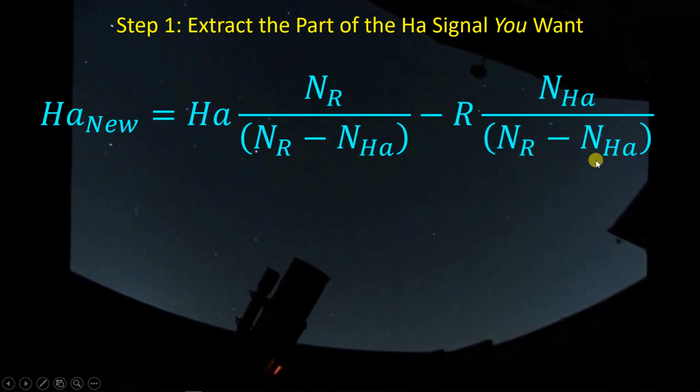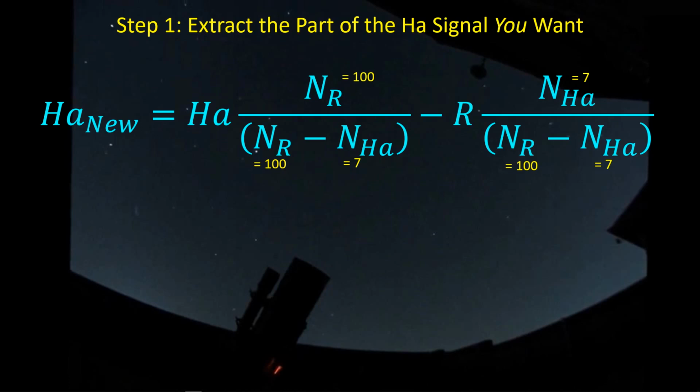Now, if we put in the numbers, that looks like 100 divided by 93, so this is a number that's slightly larger than 1, and over here you get 7 divided by 93, so it's a very small number that we're multiplying times the red filter. Now, here's the thing. This formula looks kind of inscrutable.